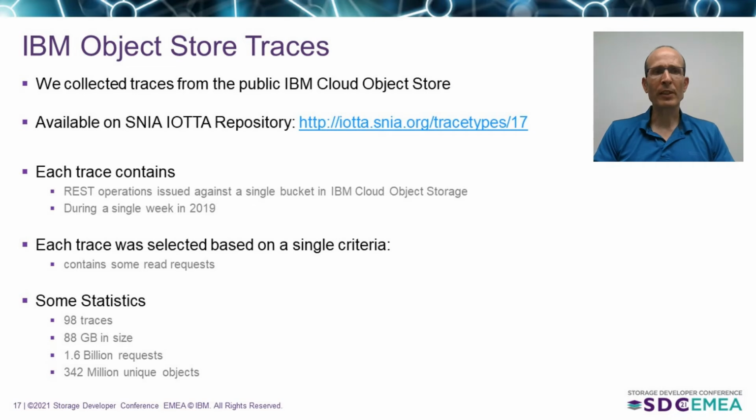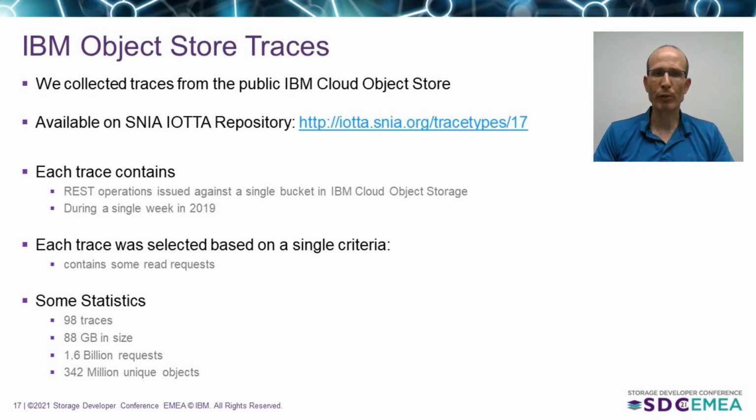Each trace contained the REST operations issued against a single bucket in the IBM Cloud Object Storage. Each trace was selected based on a single criterion: that it contains at least some read requests. In total, we picked 98 buckets, or you can think of them as 98 workloads, and we generated traces for these 98 buckets.